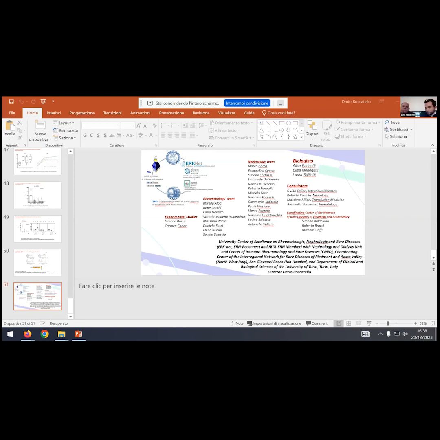The first question was when to start treatment with cyclophosphamide. It depends on the kind of lupus. In non-renal systemic lupus erythematosus, cyclophosphamide should be given in the severe non-renal cases.